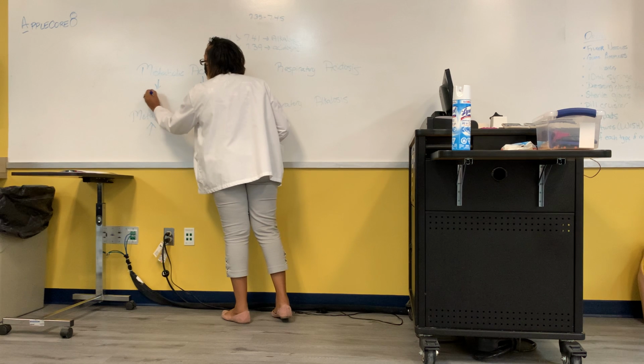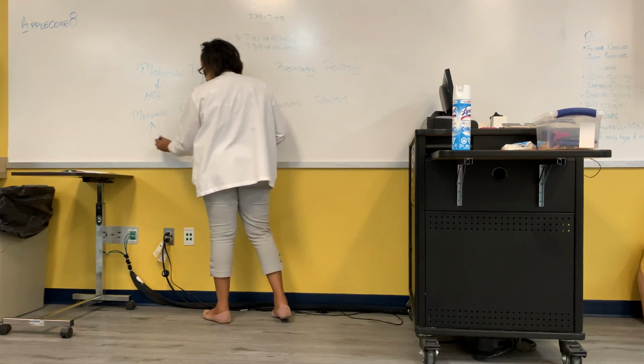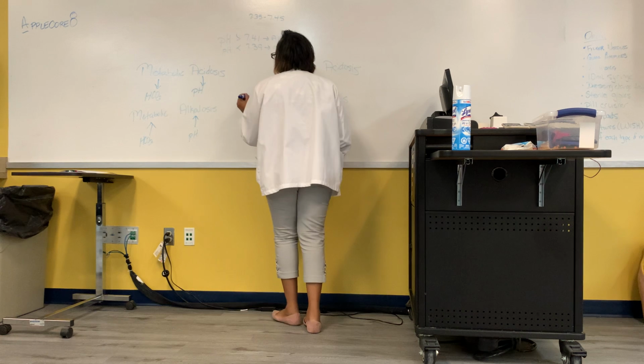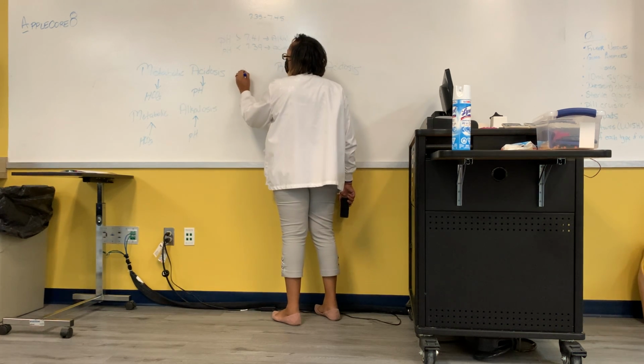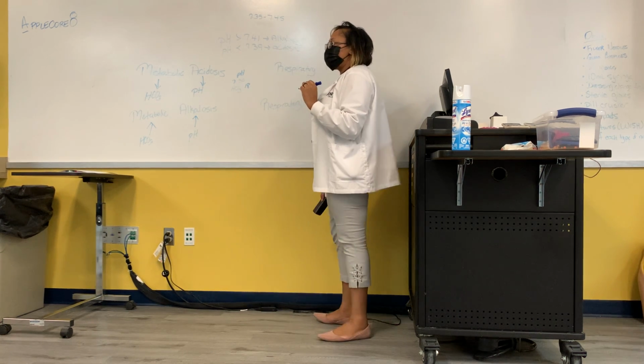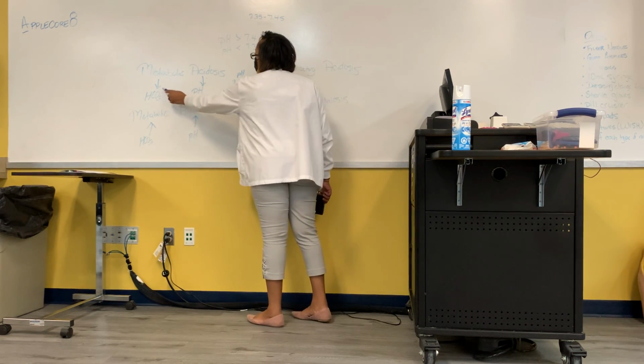This is the HCO3. So if you have a pH of 7.30 and an HCO3 of 18, acidosis: that's low and that's low.